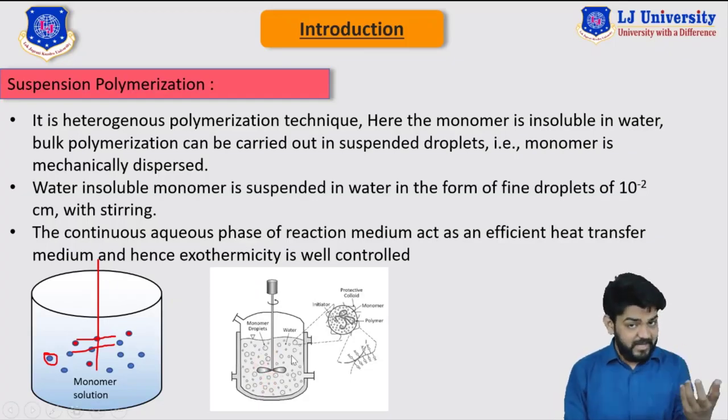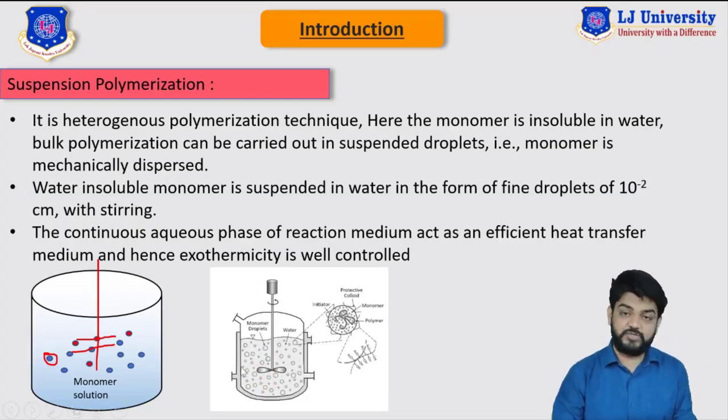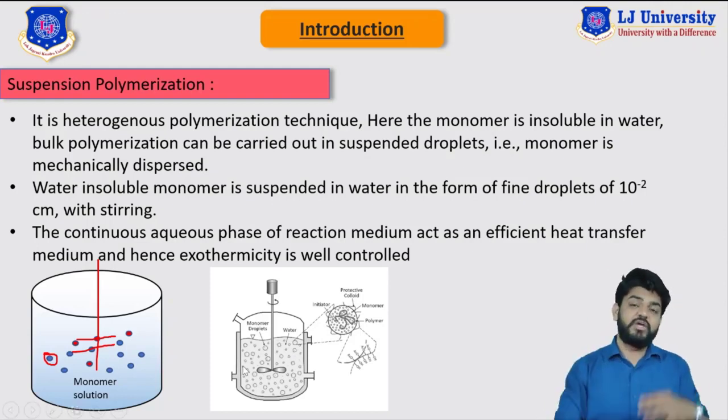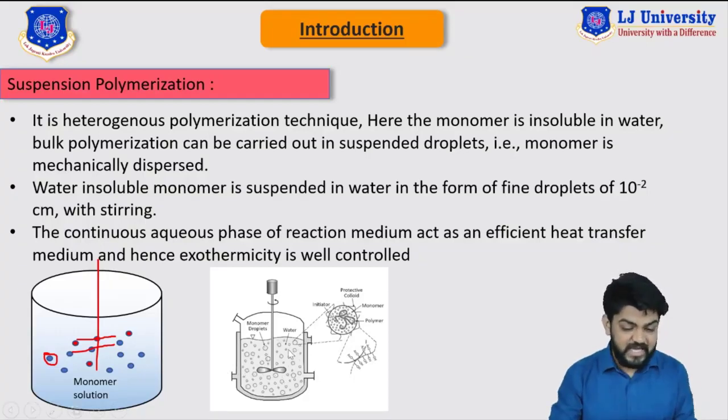So what do we mean by suspension? Suspension is a kind of heterogeneous system in which your monomer is suspended, or we can say that it is in the form of droplets, right? You can see in this image, these are the droplets of the monomer, which cause this entire mixture to be in suspension.